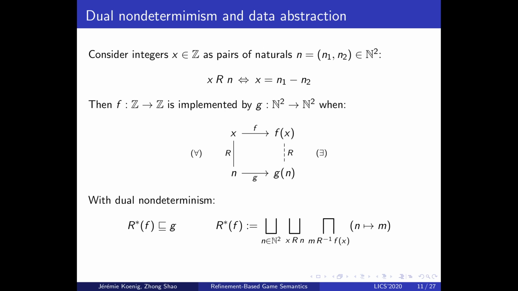With dual nondeterminism, we can actually use R to translate the specification f to obtain a corresponding specification on pairs of natural numbers. We use angelic choice to decode the input because the environment is free to choose the input representation. On the other hand, the output representation is chosen by the system, so we use demonic choice to encode the result of f.